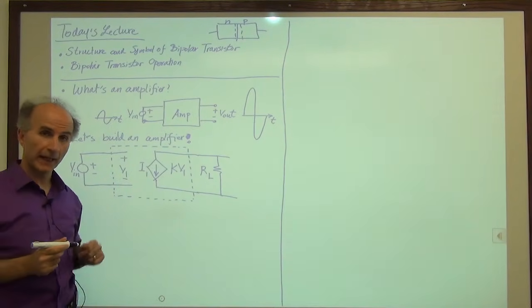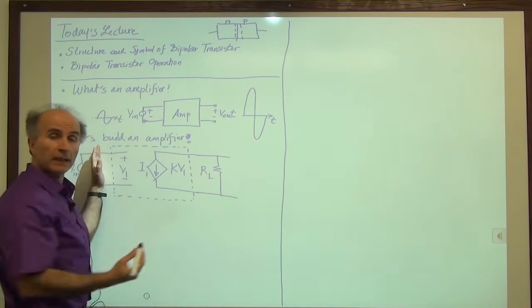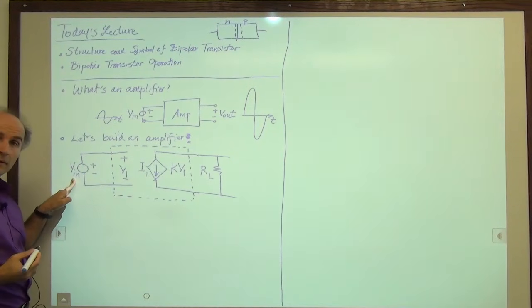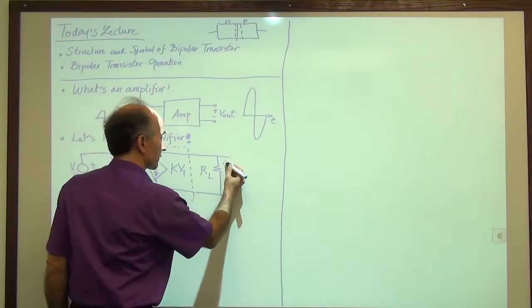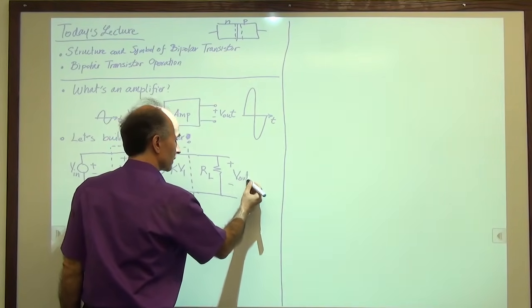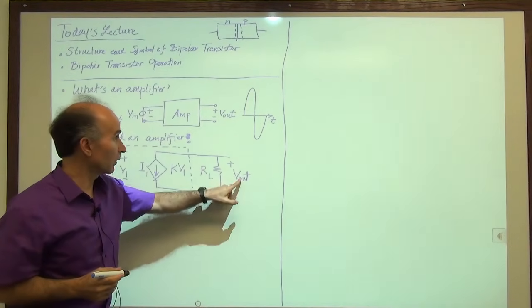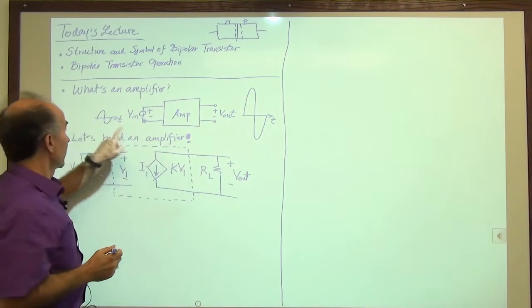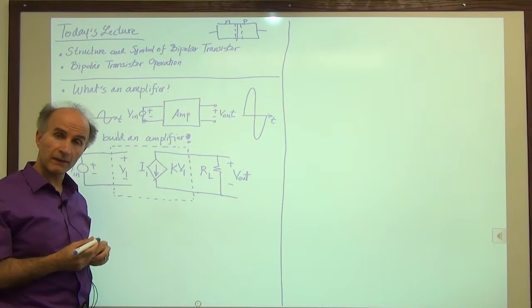That's it. And I claim that this circuit here can serve as an amplifier and amplify this signal and produce it here. So the voltage across this resistor will be our output signal, and we are hoping that V out will have larger excursions, larger swings than the input. So let's go ahead and check and see if that's true.